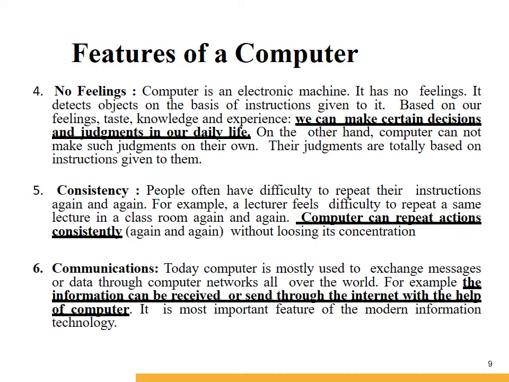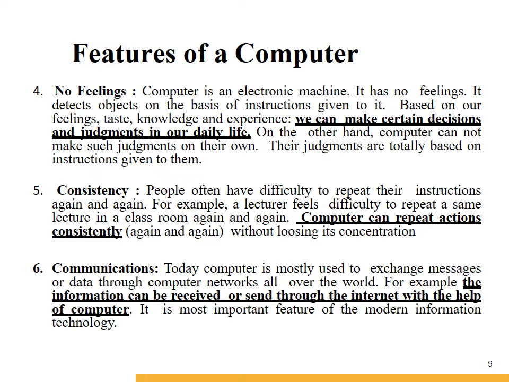A computer can repeat actions consistently again and again without losing its concentration. Even you would find it very difficult if you were asked to read a lesson again and again. But a computer does not feel difficulty when it is asked to repeat the calculations again and again.